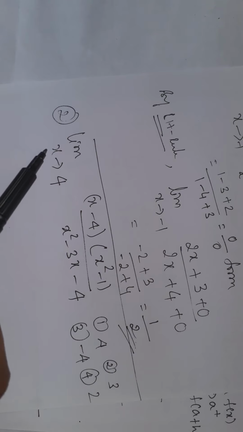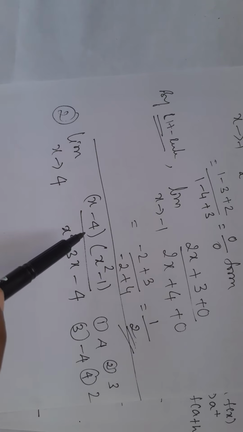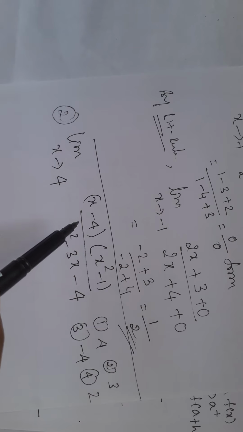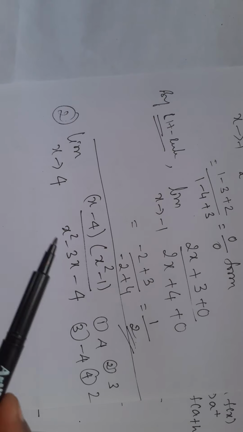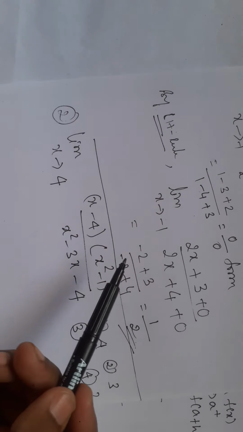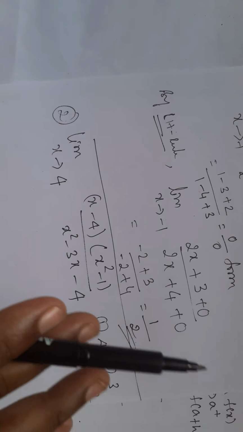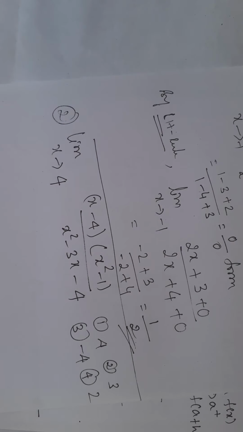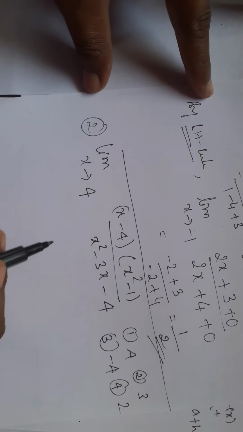If you move on to the product rule, it will take more time compared to factorization, because in L'Hopital's rule a product will come while differentiating both numerator and denominator. So I thought of applying factorization. Let us see how it works using the technique of factorization.